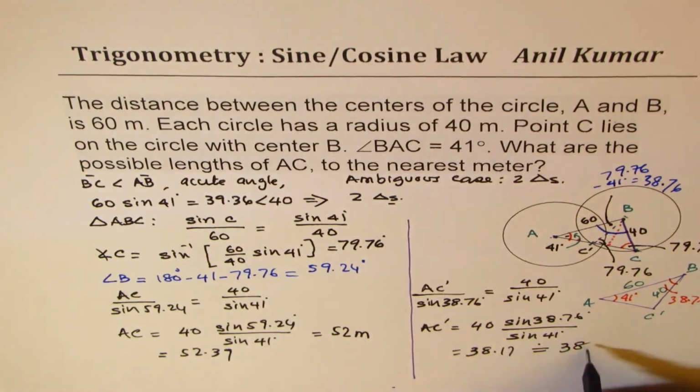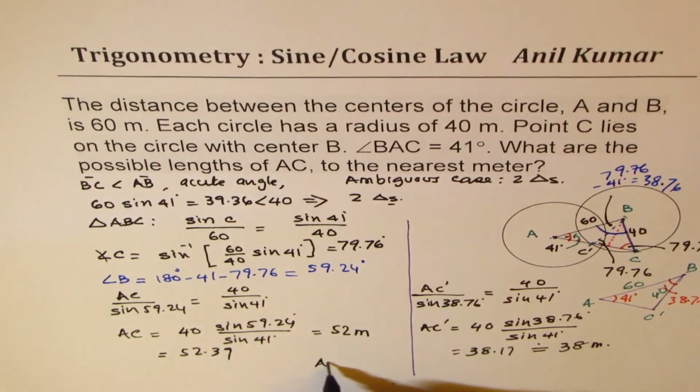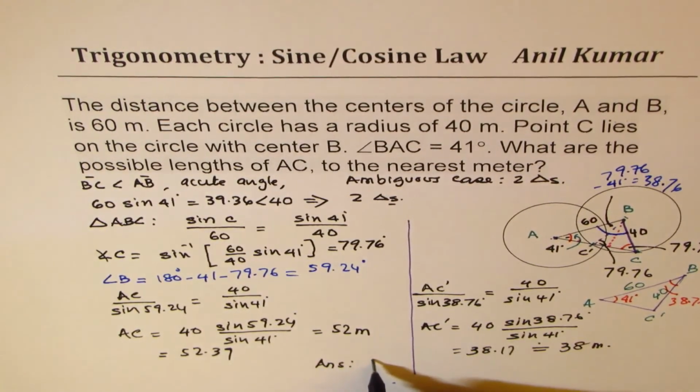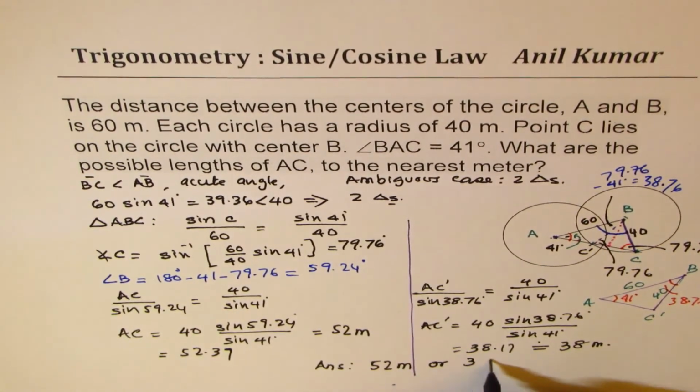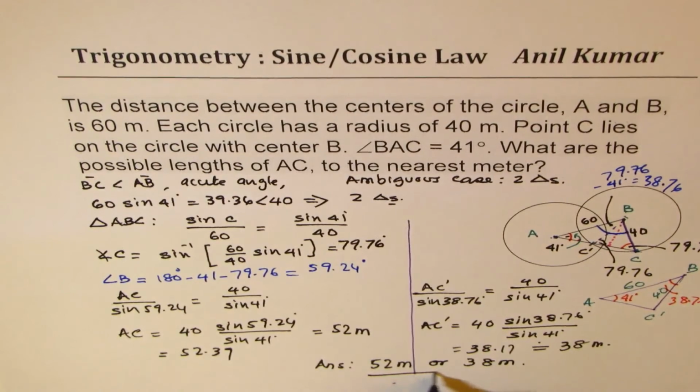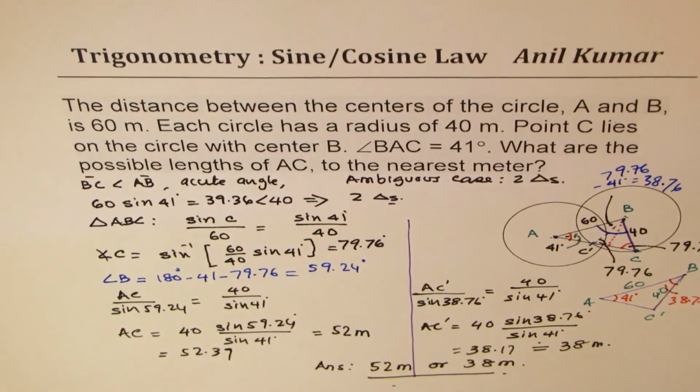The units are in meters. So we get our answer that these dimensions could be 52 meters or 38 meters, correct? So that is how we could actually solve this question.